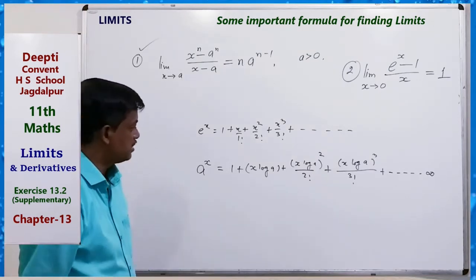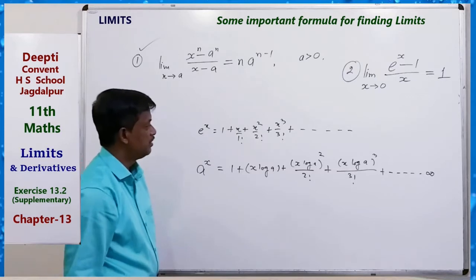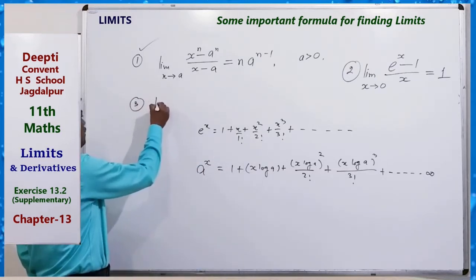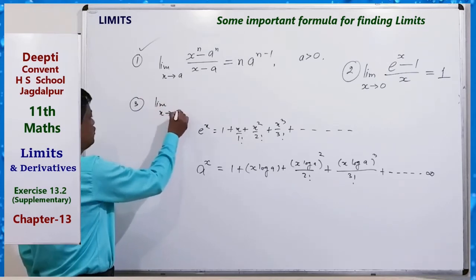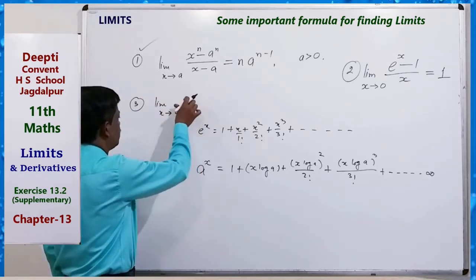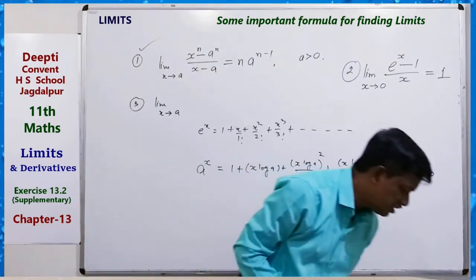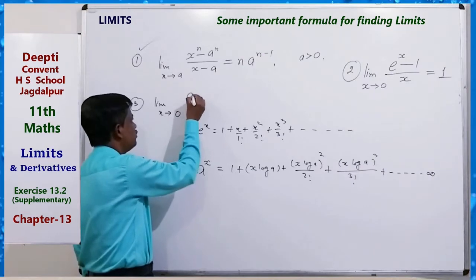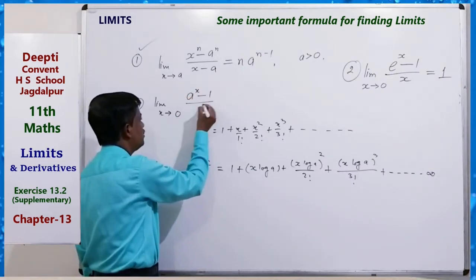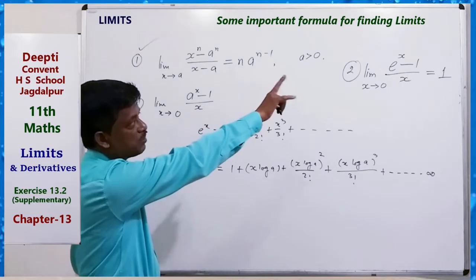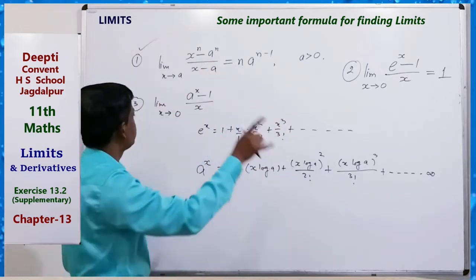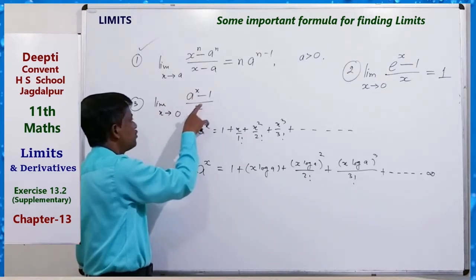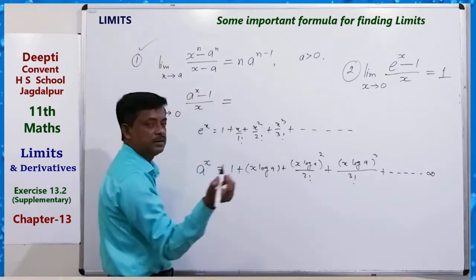So here we can also see that if we use this formula for the third limit, x tending to 0 of a to the power x minus 1 upon x, just like the limit of e to the power x minus 1 upon x, then for limit x tending to 0, a to the power x minus 1 by x is equal to what?